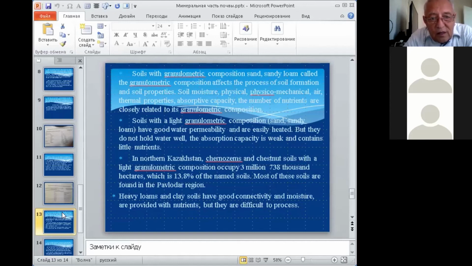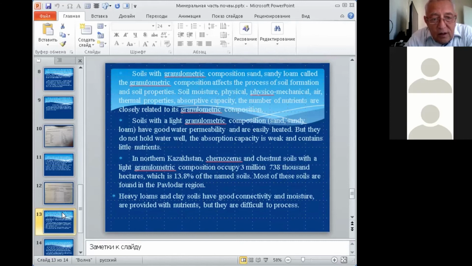Soils with a light granulometric composition, such as sandy loam, have good water permeability and are easily heated, but they don't hold water well. The absorption capacity is weak and they contain few nutrients.